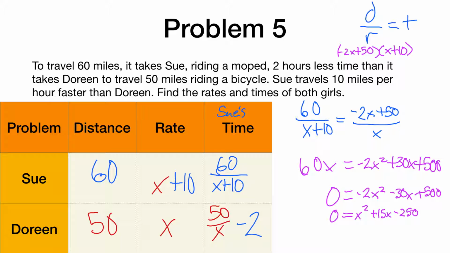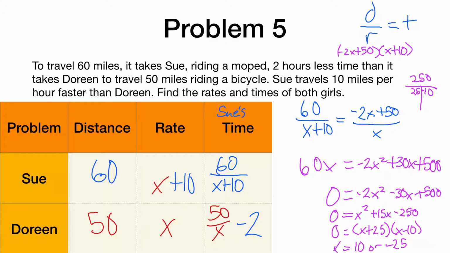At which point I need two numbers that multiply to be 250 and have a difference of 15. Let's see. Oh wait, 25 and 10. Those work. So it becomes x plus 25 times x minus 10 equals 0, meaning x is either going to be 10 or negative 25.